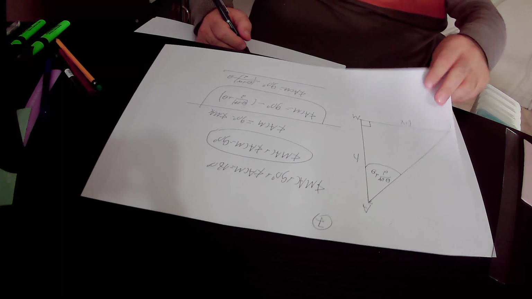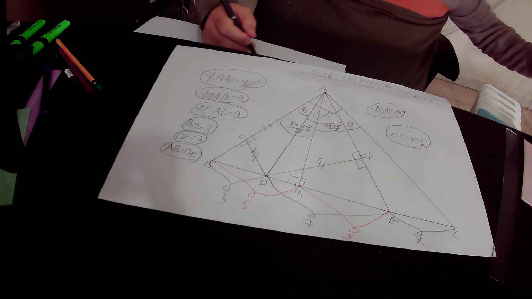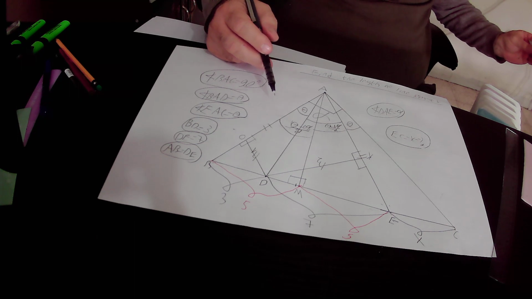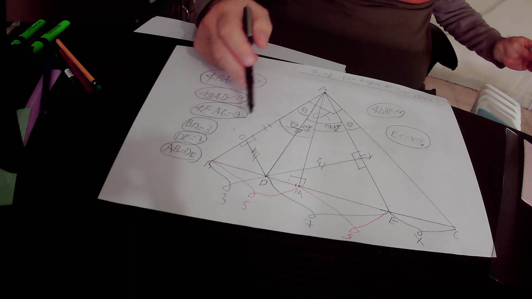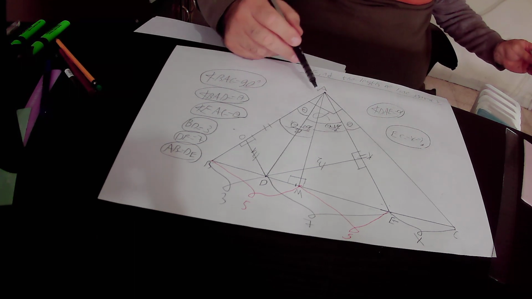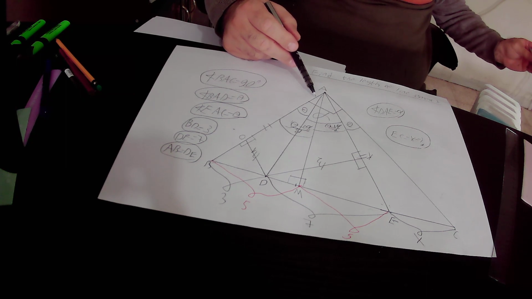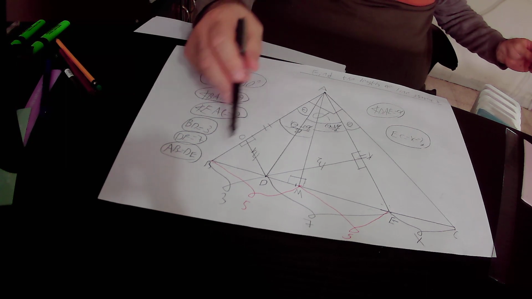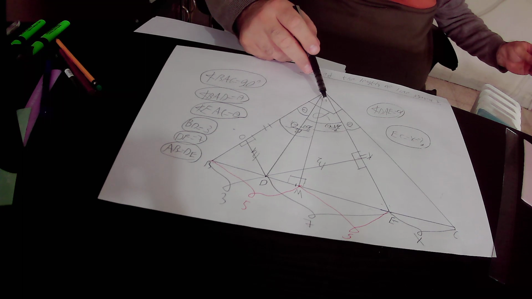But according to what is given in the question, angle BAC equals 90 degrees from one side, but from the other side angle BAC equals theta plus alpha plus theta.